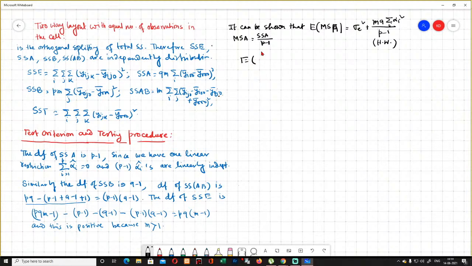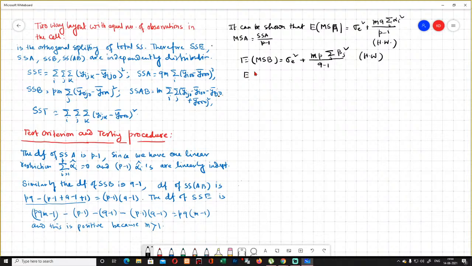Expectation of MSB is equal to sigma square plus MP, sorry, MP sum over j beta j square by Q minus 1. Please do it yourself. This is another homework.